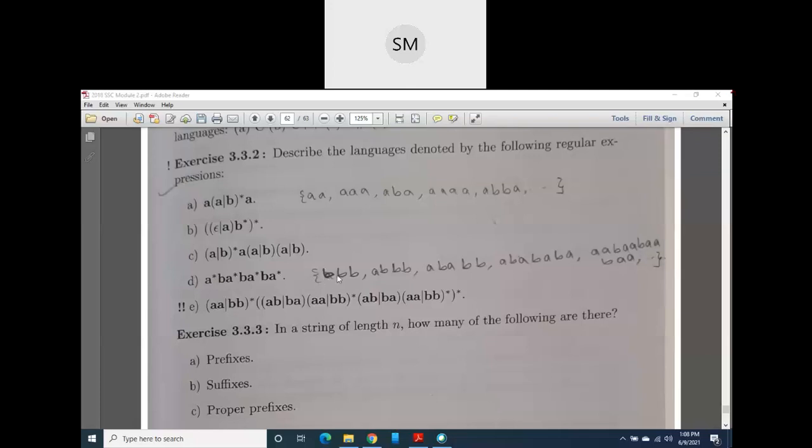I have written only B, B, B, 3 B's. All A's I have taken as zeros. Then since a string may begin with 1 A or 0 or more A's, I have taken 1 A here. 1 A followed by 3 B's, and A B A B B A B A B A B B B A. Like this, all the strings I have written here.